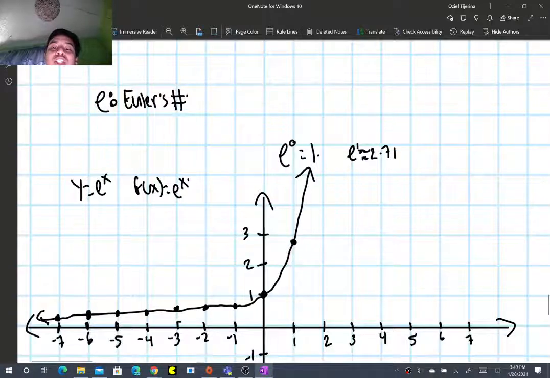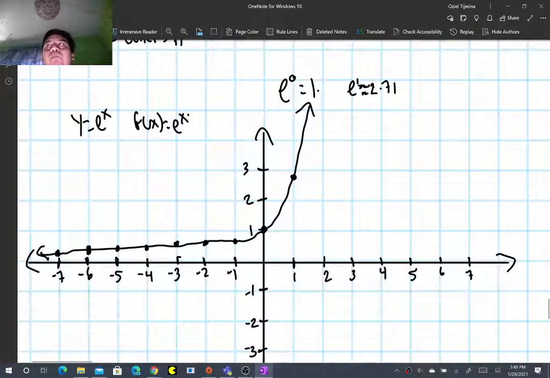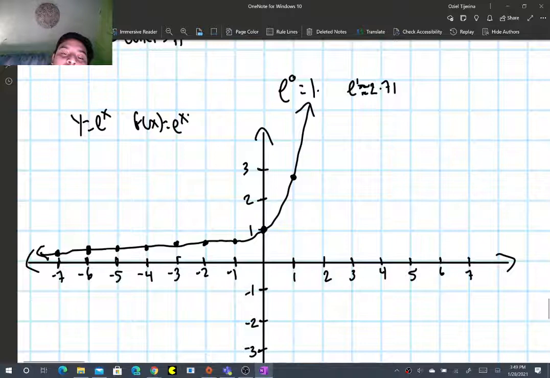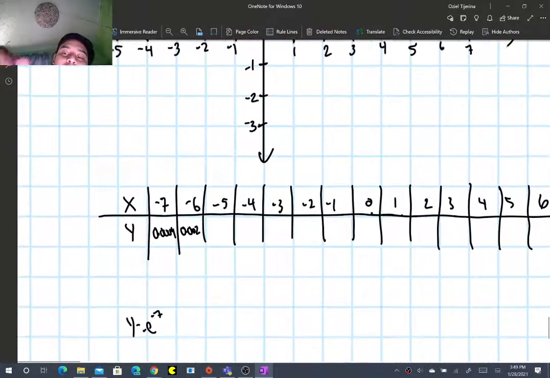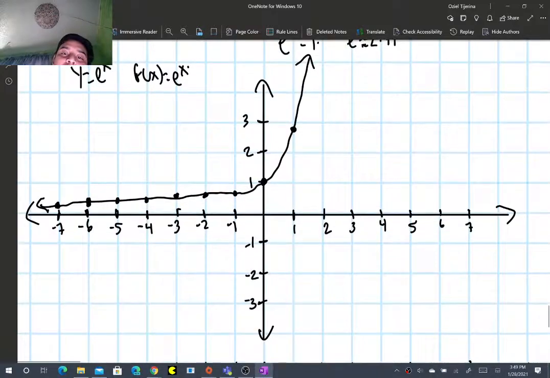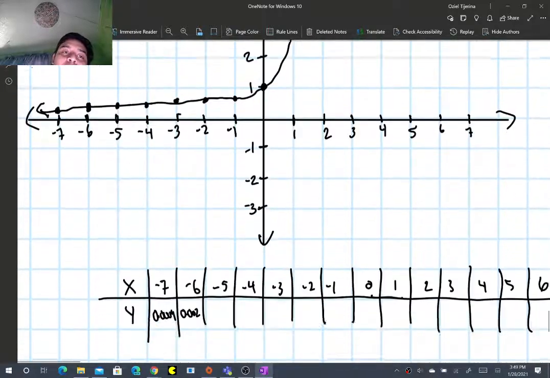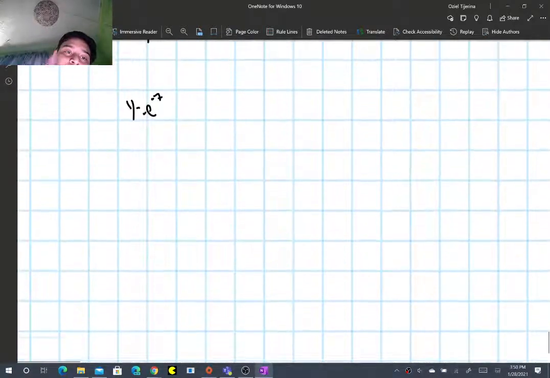A constant rate of change is always linear. So the rate of change for this is not linear; it's not constant is what I'm trying to say. So that's why you would get something like this, and that's what an exponential function is.